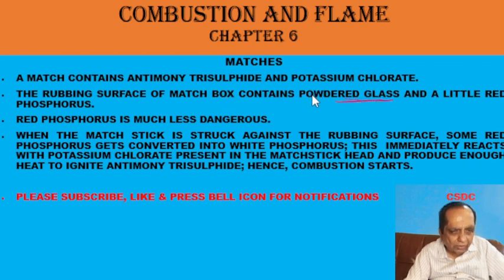Now by friction with powdered glass, heat will get liberated and this red phosphorus will get converted to yellow phosphorus, and in a similar manner it will react with potassium chlorate, oxygen will get liberated, and then with oxygen and this heat energy from yellow phosphorus, antimony trisulfide reaction will take place with oxygen and the matchstick burns. Combustion takes place of this antimony trisulfide and the matchstick burns.